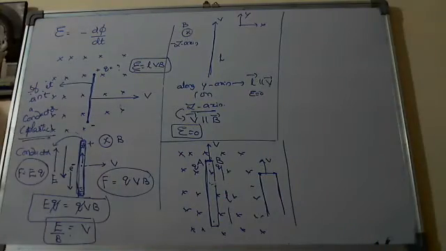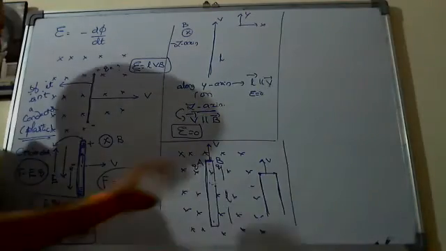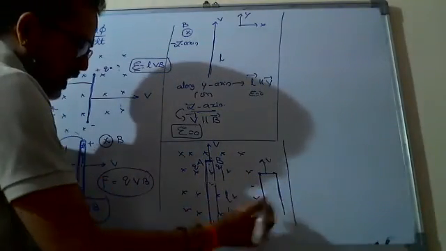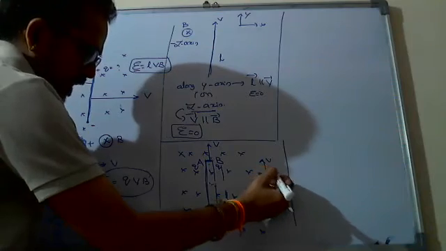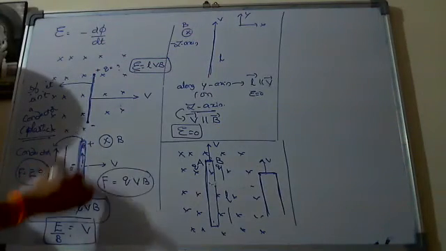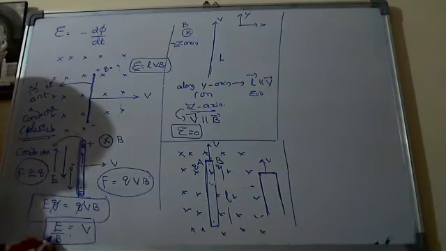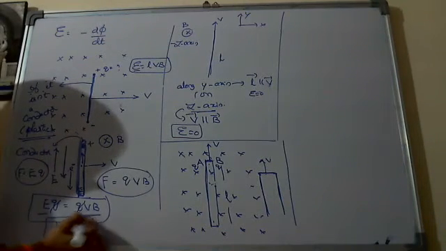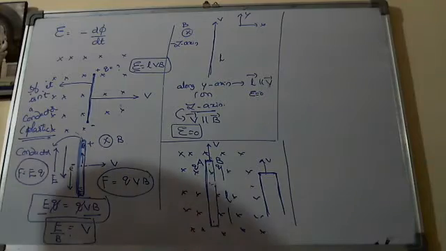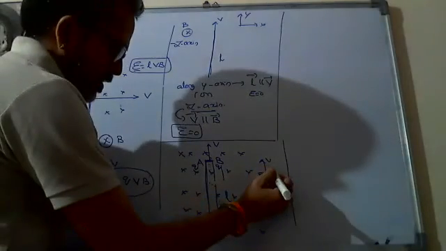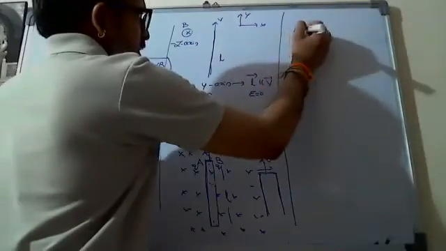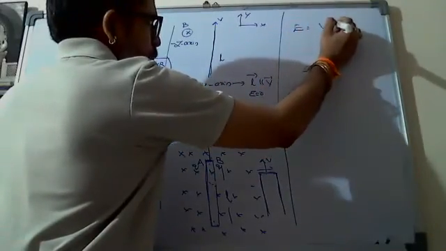What is the charge induced? To find out, across the length of the conductor, the electric field induced is E equals VB. In the same way here, across this length, the electric field induced in this direction is E equals VB.